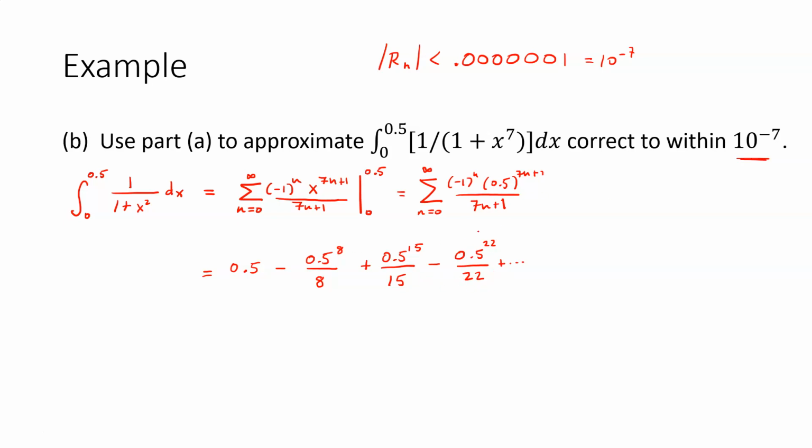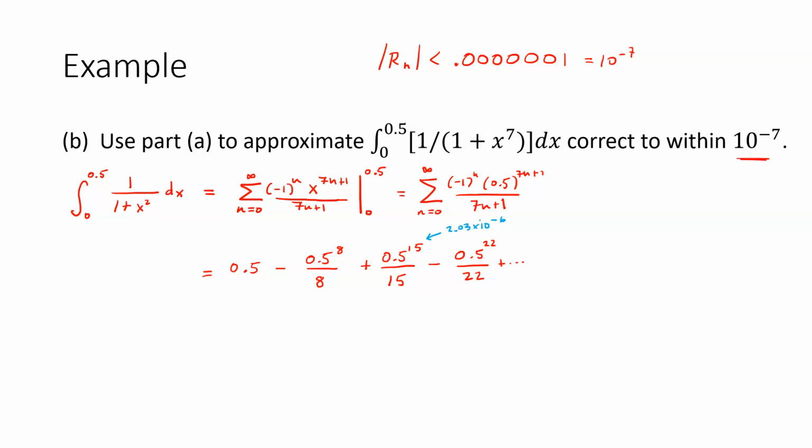Now, I have a feeling that these terms are getting very small. So let's check to see if these terms are going below our desired error. I'm going to evaluate these last few terms in my calculator to see how close they are to going below this 10 to the negative 7. What I notice here is that when I evaluated this term in my calculator, I get something on the order of 2.03 times 10 to the negative 6.